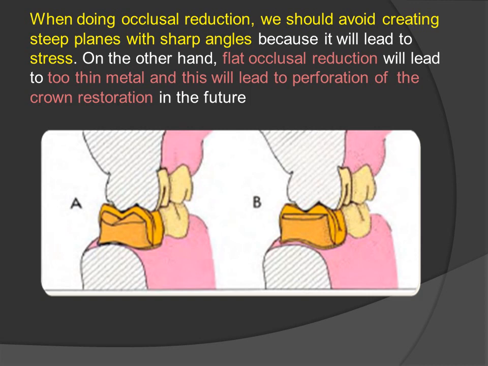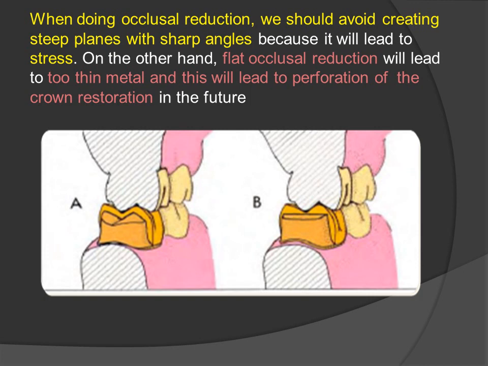If I try to correct this by lowering the entire occlusal surface to provide sufficient space for the metal or the material, I will interfere with the first principle of tooth preparation, which is the conservation of the tooth structure.